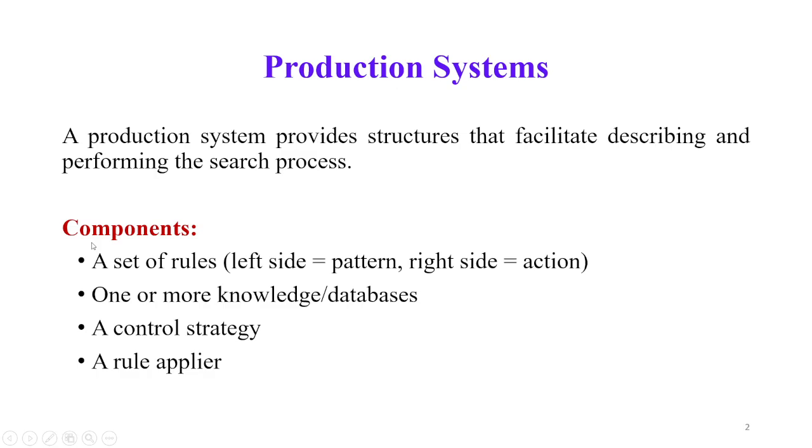The fourth and the final component is a rule applier. It's also called an inference engine. This is the mechanism that actually checks which rule matches the current state of the database and then executes it. So, these four components, rules, databases, control strategy, and the rule applier, form a complete production system.